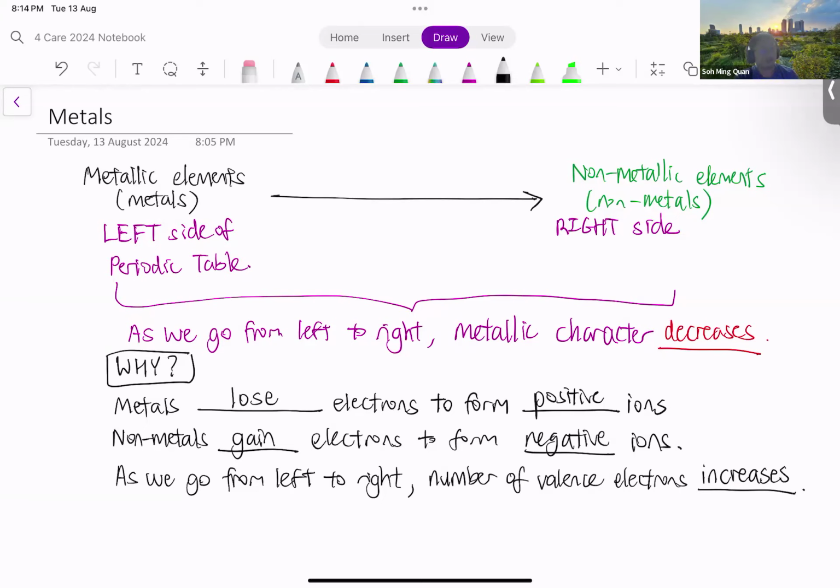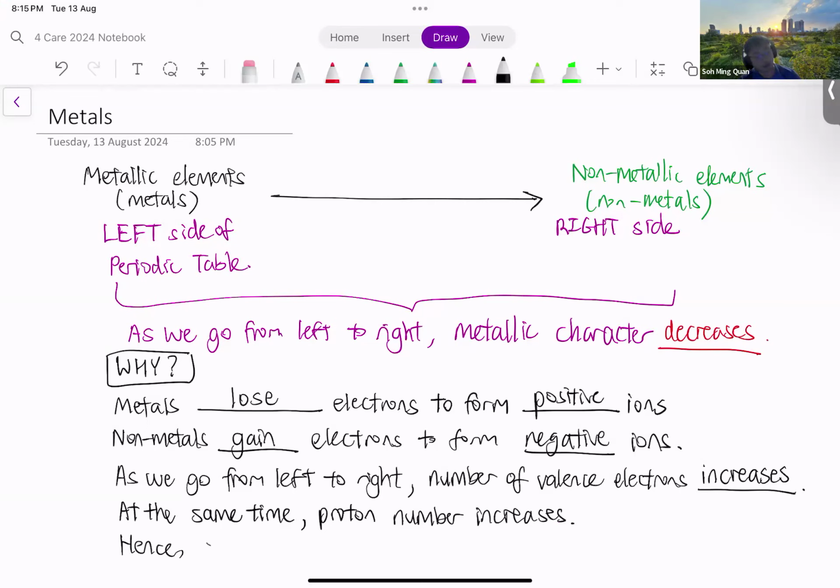Right? At the same time, what happens to the proton number as well? As you go from left to right, let's say sodium all the way to chlorine. Sodium to chlorine, I'm sure you can predict. If you look at the periodic table, the proton number also increases. What this means is that, hey, now you have more protons to attract the electrons.